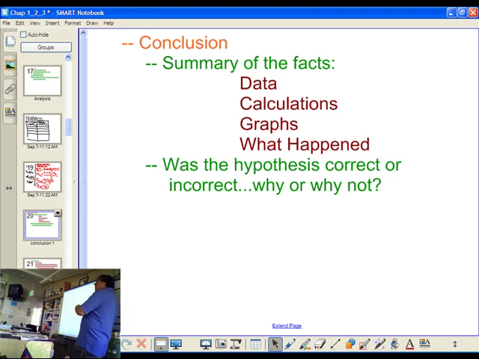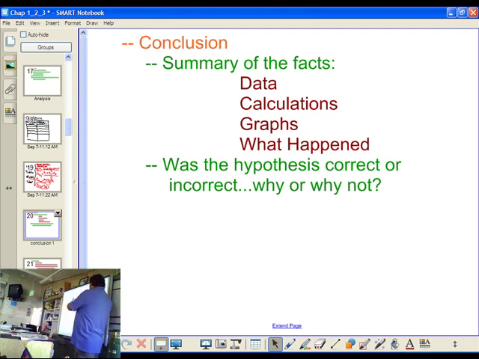What if your data was all over the place? In other words, the little one was highest, then it was really low, then it got big again, and low and big. Well, that could be inconclusive. No determination, in which case we would have to redo this lab. There was an error somewhere. But if you can't make any conclusion, inconclusive is an okay answer.